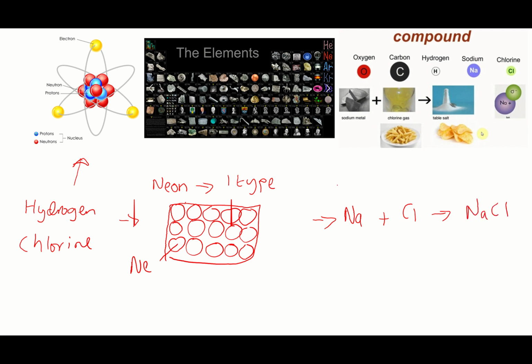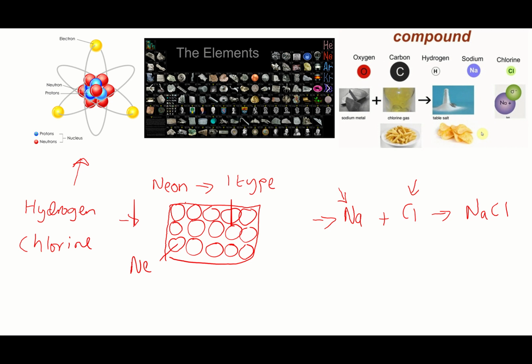So only sodium atoms, only chlorine atoms, when they chemically join together to form a new compound, which is sodium chloride, it becomes something new. New compound, new properties. If you look at sodium, it's a metal. If we look at chlorine, it's a gas.